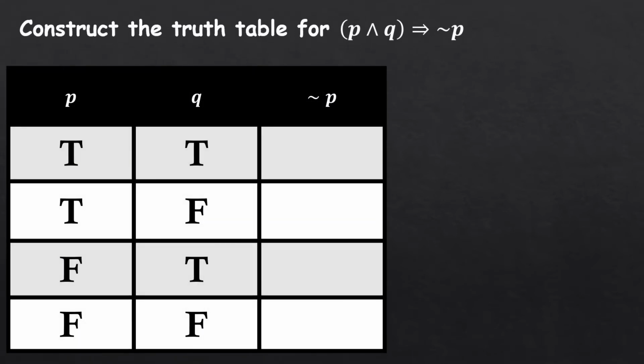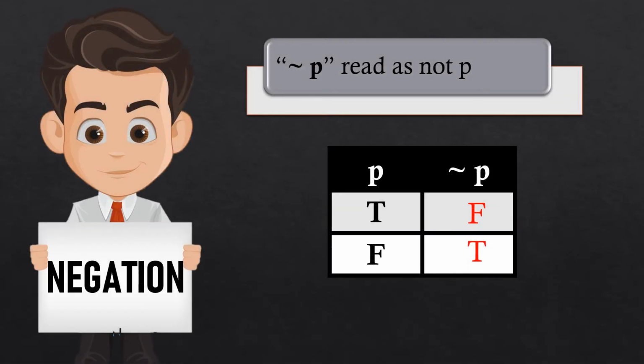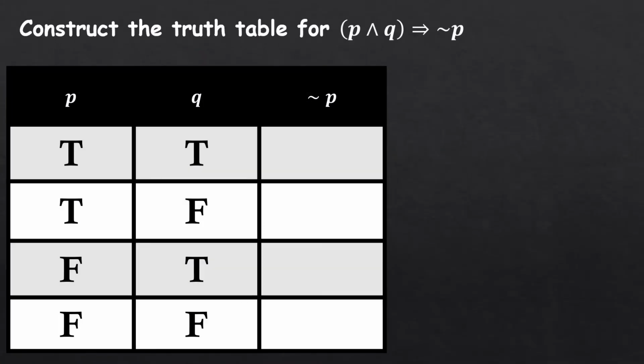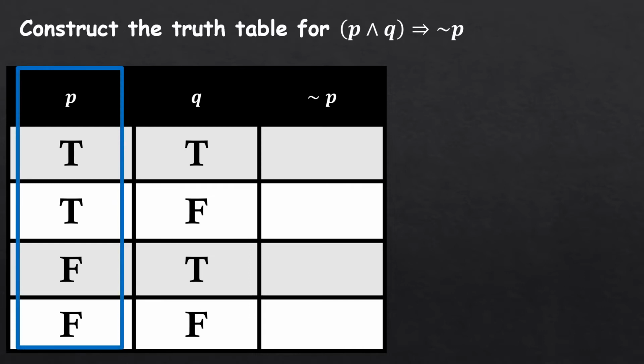So, let's say we'll evaluate not P first, or the negation of P. Let's recall how we get the negation of a certain truth value. To get the negation, all you have to do is get the opposite of the given truth value. For example, if true, it becomes false, and if false, it becomes true. In evaluating the negation of P, all you have to do is focus on the column with the P variable.